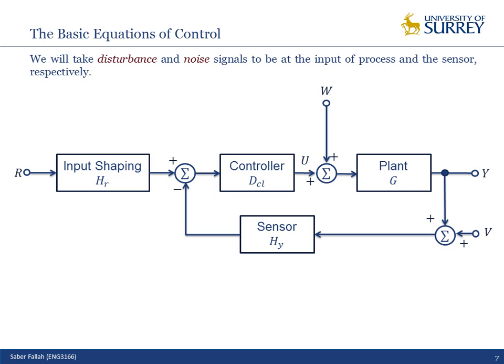In a real application, we have many kinds of plants. One plant can be this room, where we want to control the temperature. One can be automotive, where we want to control the performance of the motor. For example, if you go on the icy road at high speed, which is the case for most of you as young people, and me as well, the system is unstable and we want to stabilize it.